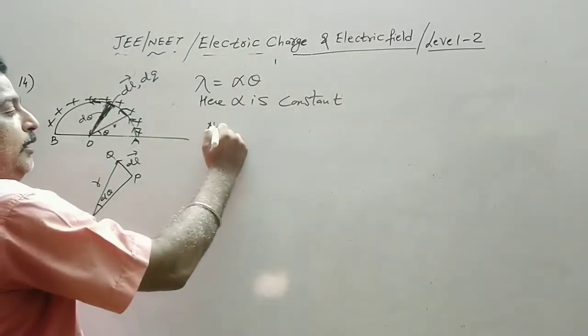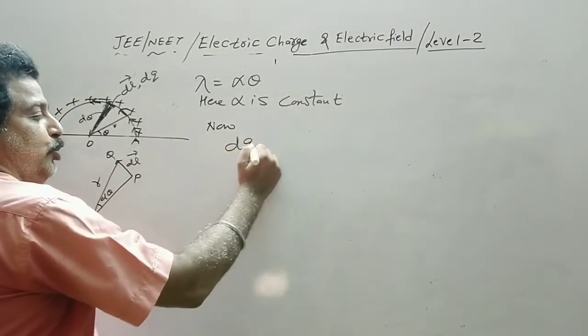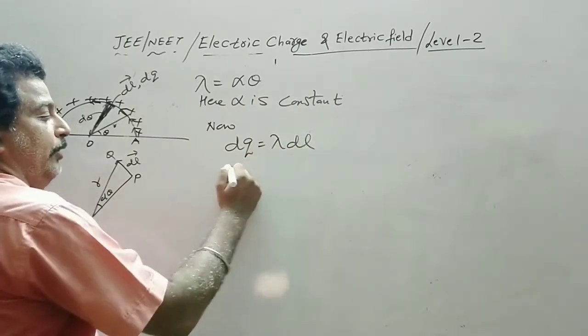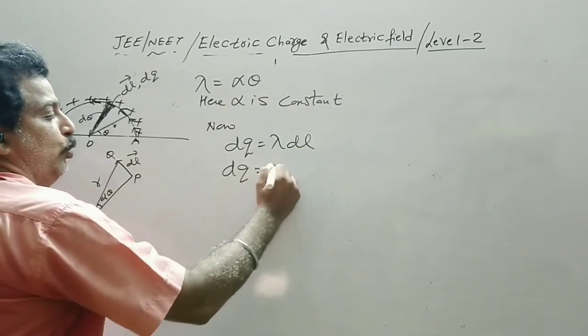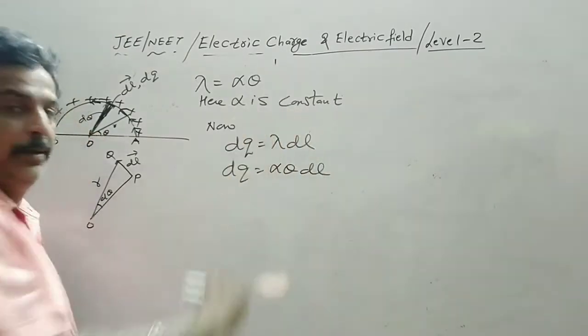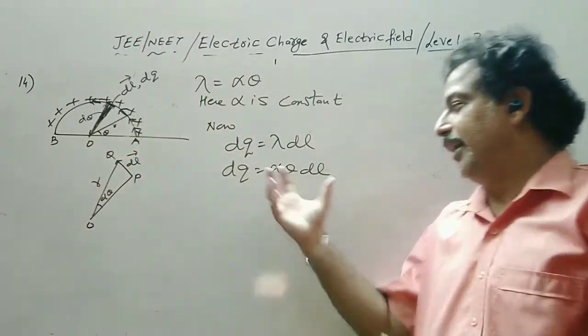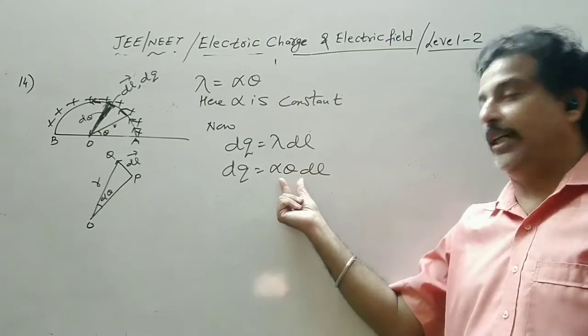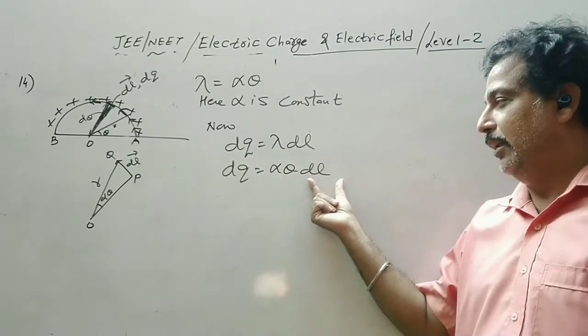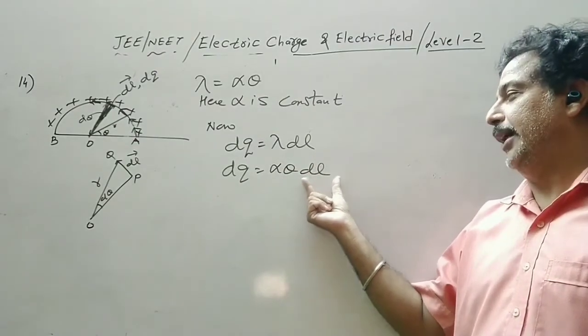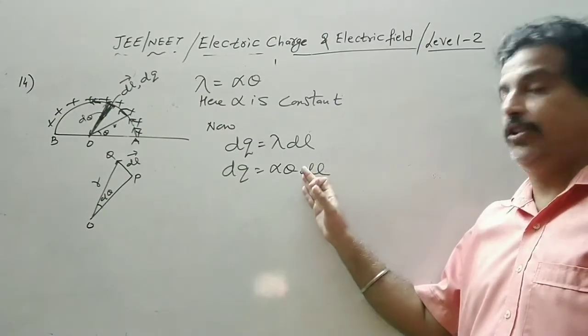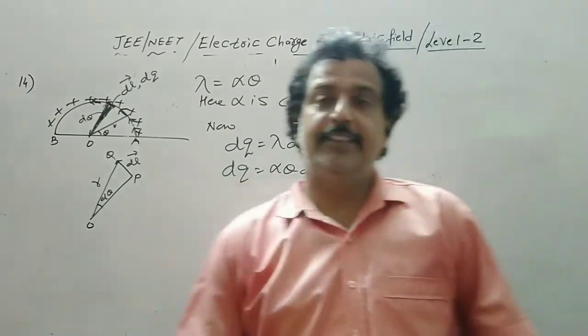Now we know that for non-uniform distribution dq is lambda into dl. So dq is equal to alpha theta dl. Now I have to find out the total charge. So I integrate this equation. But here theta is variable in dl, so we have to find the relation between theta and dl.